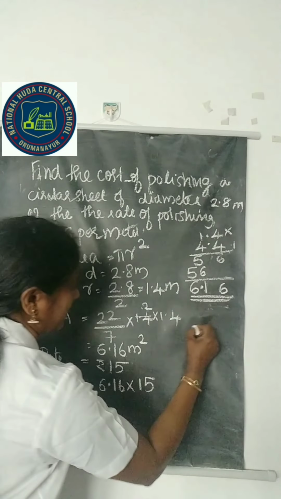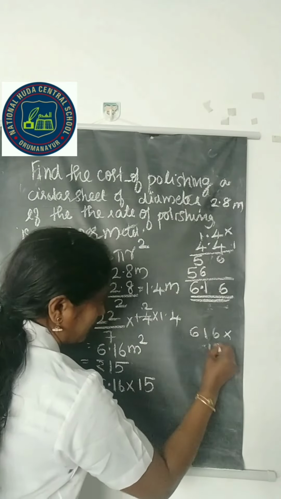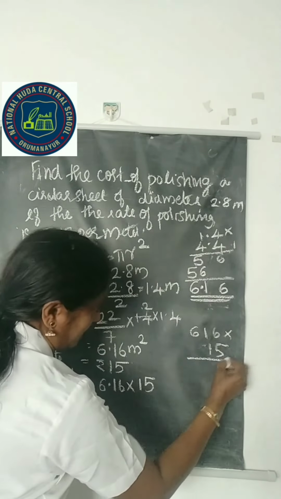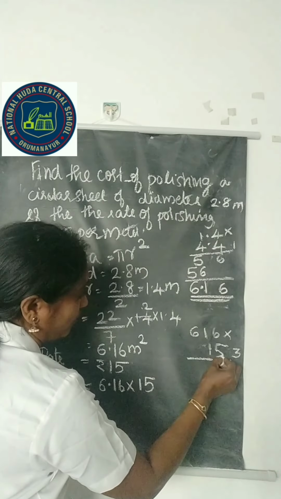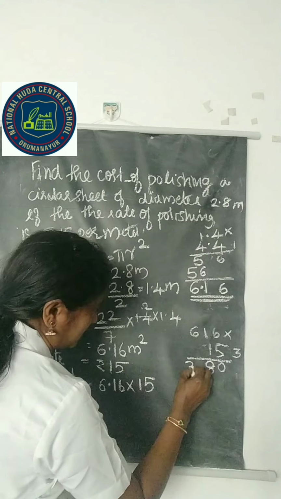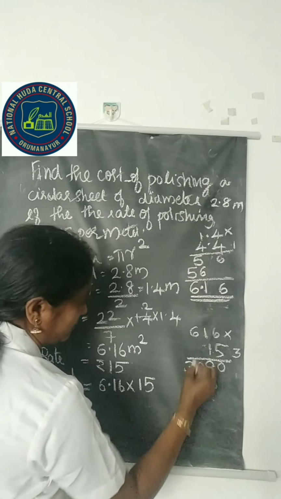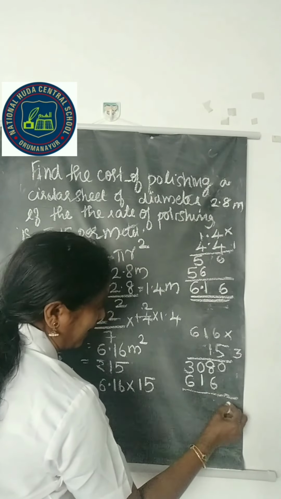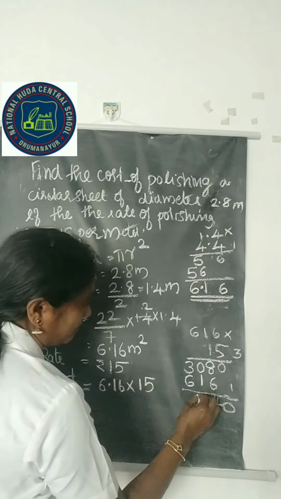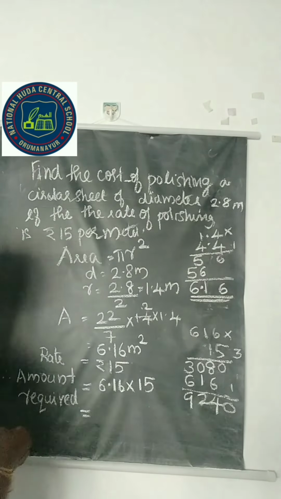After the decimal there are 2 numbers, so after 2 numbers we put the decimal.